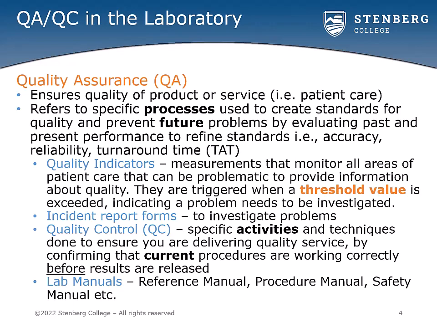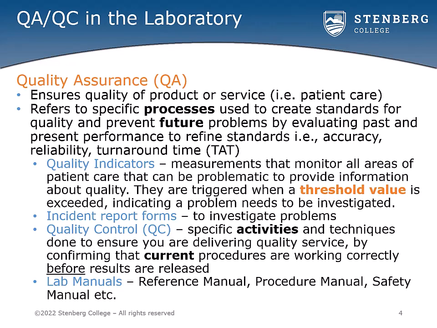Quality indicators are measurements that monitor all areas of patient care that tend to be problematic to provide information about quality of procedures. Quality indicators are triggered when a threshold value is exceeded, indicating a problem needs to be investigated.